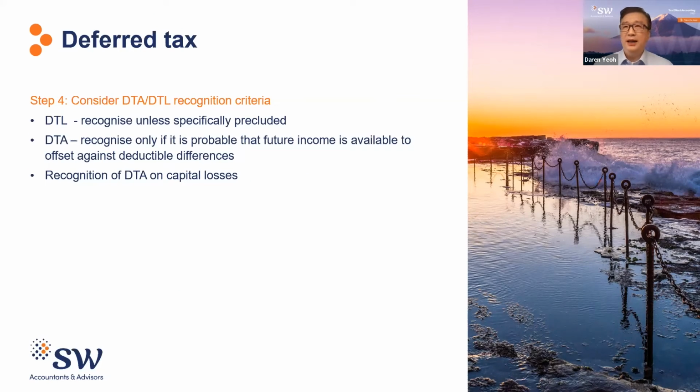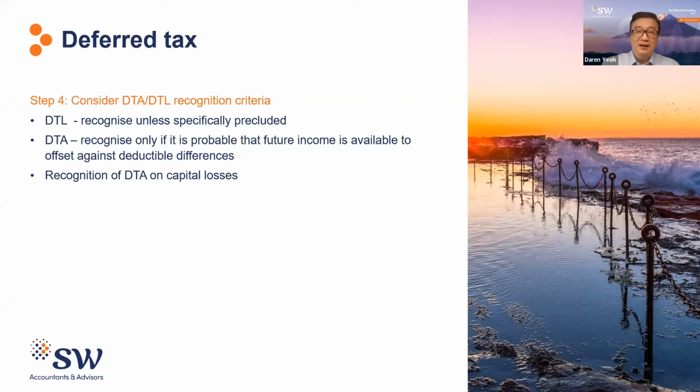Okay, so in deciding whether or not you need to recognize a DTL or can recognize a DTA: for a taxable temporary difference, a temporary difference that increases your tax in the future, you must recognize a DTL for them, unless a recognition exception applies.